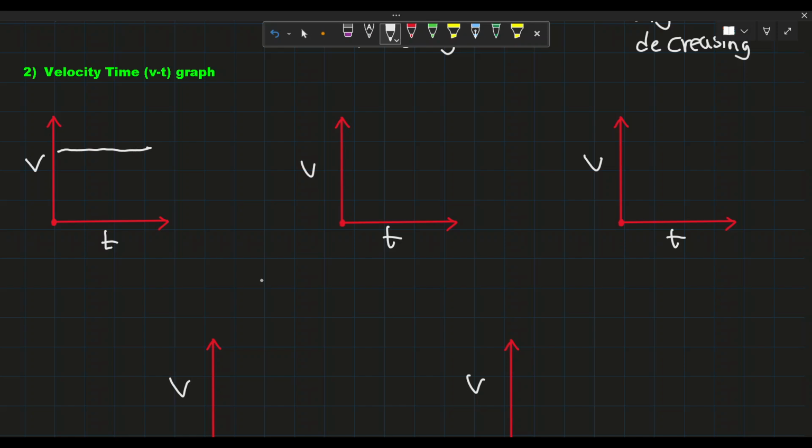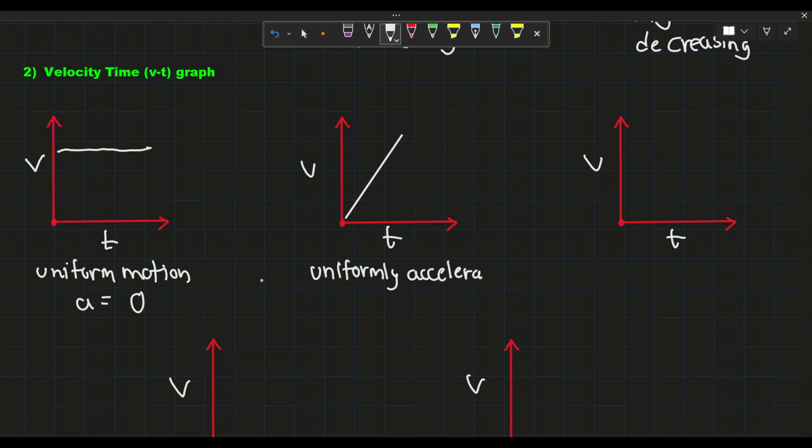So you can say that you have an uniform motion, or your acceleration is 0. Second case, you have a straight line, then you can say that this is a uniformly accelerated motion, and your acceleration over here is constant.